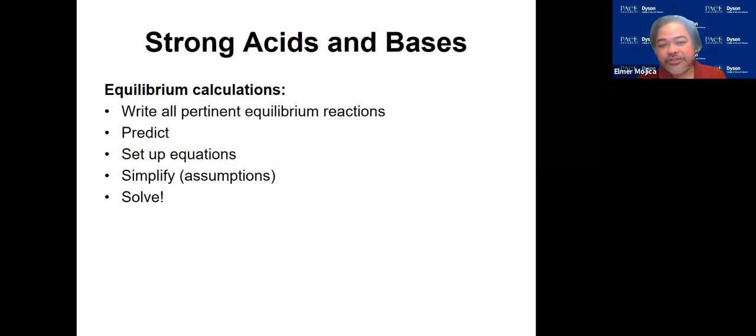Okay? So what do you need to remember when you have this systematic treatment? You have to write all pertinent equilibrium reactions. Okay? So we could say the main reaction that we have here is not the NaOH, but this one.